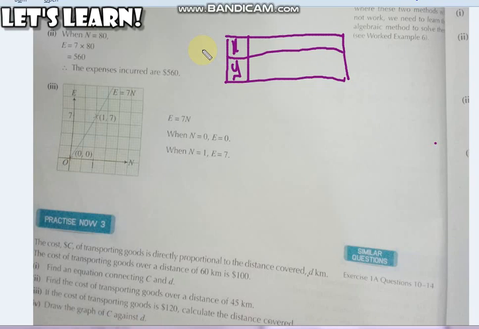Fine. So if you see over here, I have two things. I have expenses and I have the number of guests. Now decide which one is your independent variable and which one is your dependent variable.